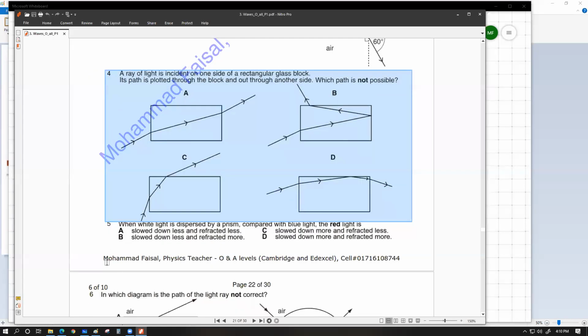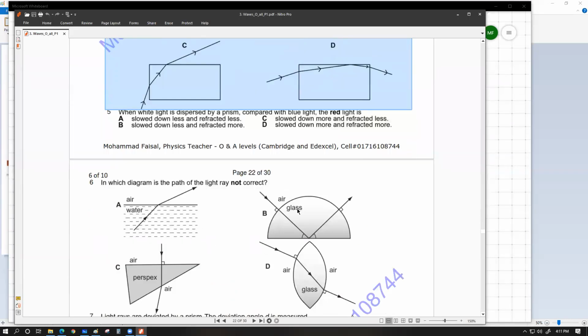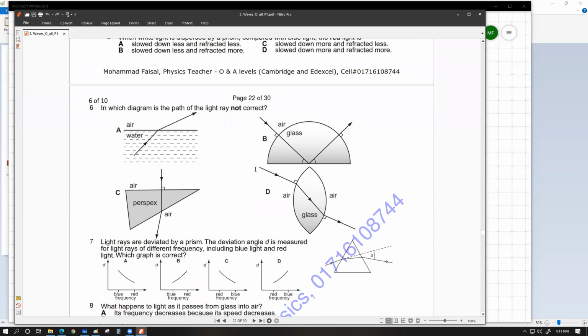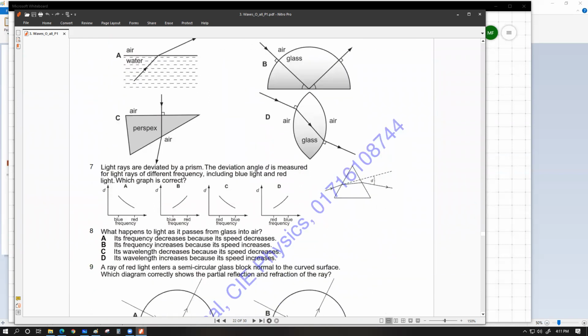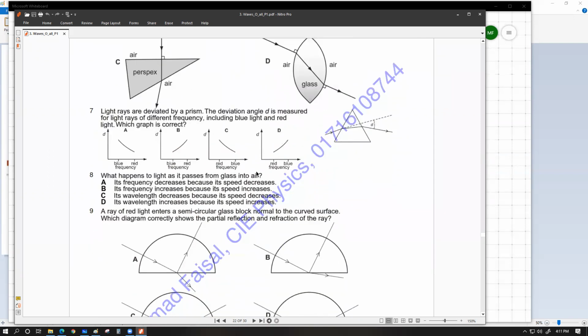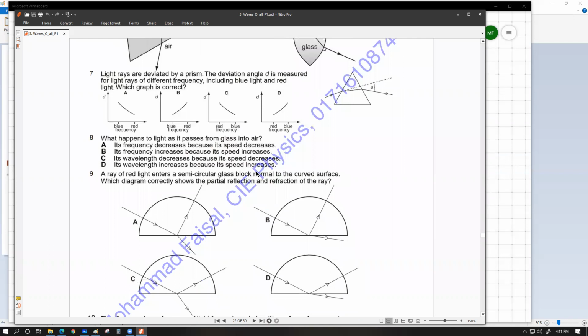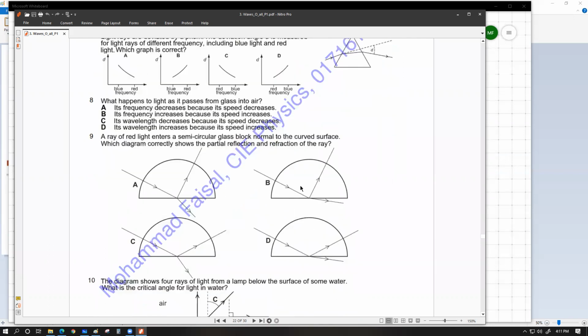So moving on to the next question. Zarin, Wasima, বুঝে গেছে? জি স্যার। আচ্ছা। Number 6, 7. Number 9 is also the same way.